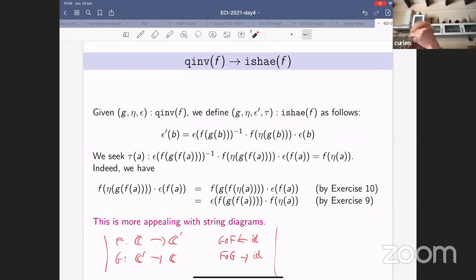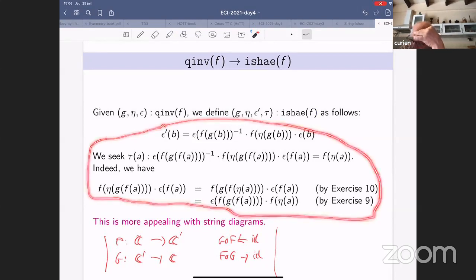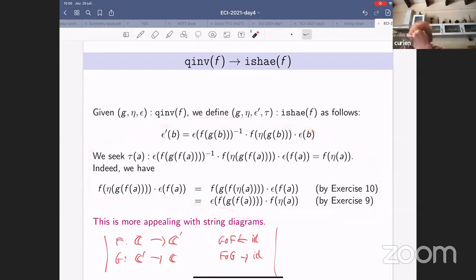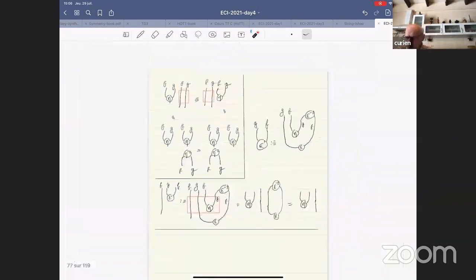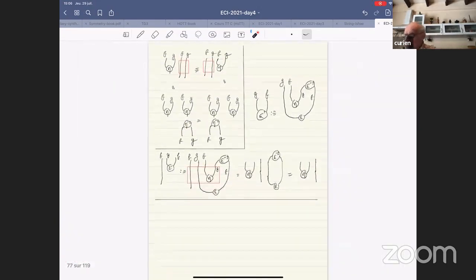Instead of doing that, which is painful to check, I will introduce you to a way to do this purely in terms of nice geometric diagrams. So here starts the game. Here I have to explain a few things.